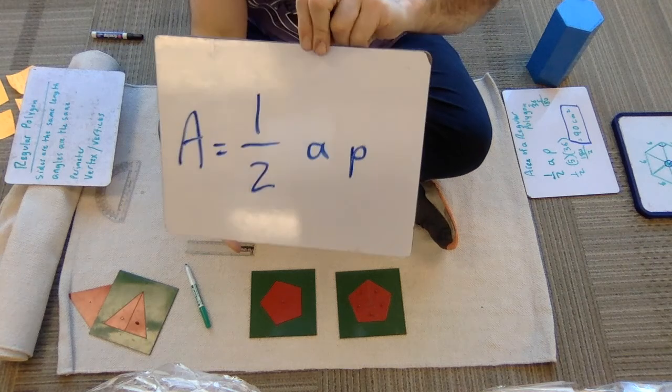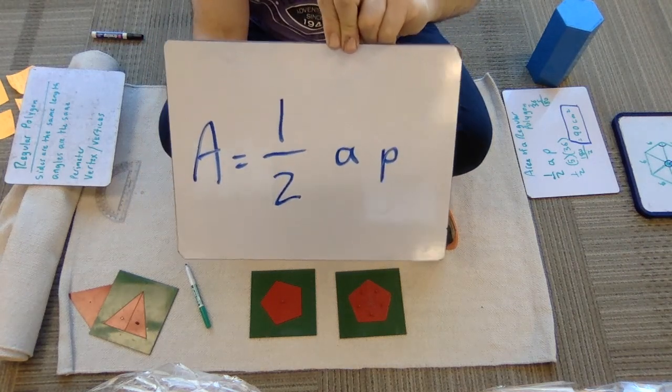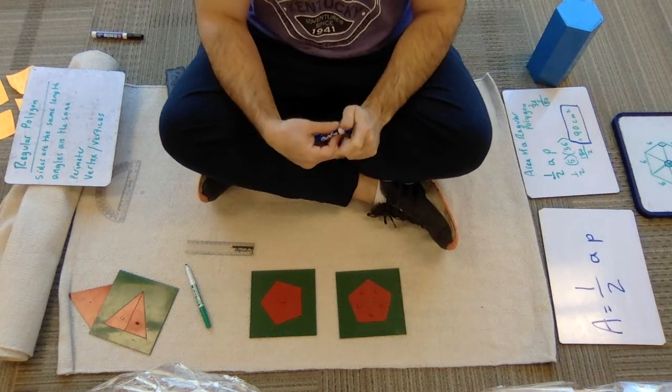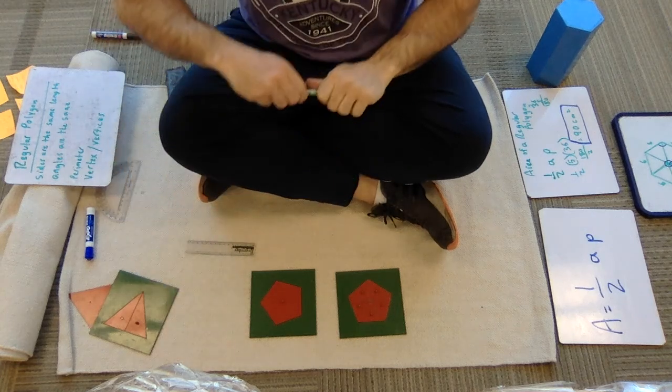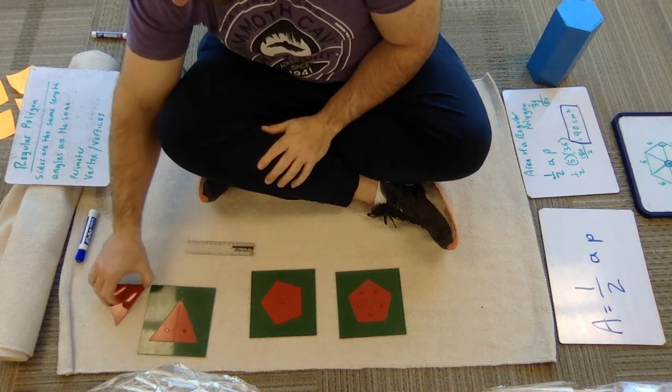So that is what I want you to take away from this. I also want you to take away that it really is about breaking your polygon down into smaller triangles. And that is how I wrapped my head around this, and I hope you learned something from this and had a little fun along the way.